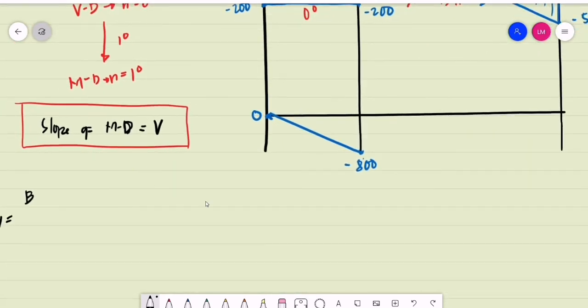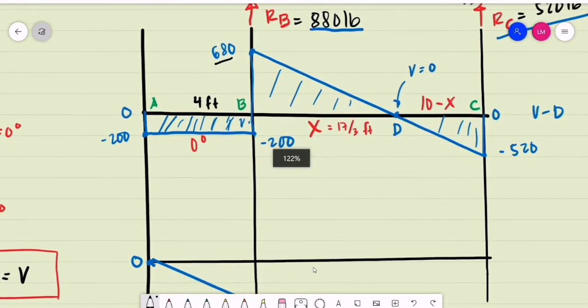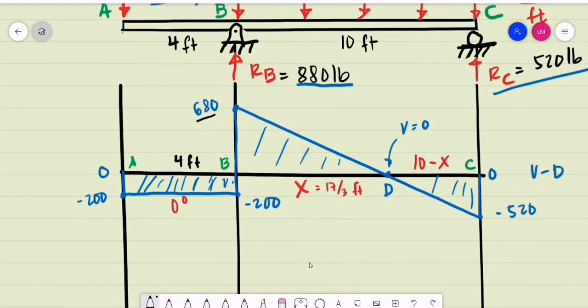It is a positive shear, positive 680. Then we have the second point, point D. What is the magnitude of the shear at point D? That is 0. So from a shear of positive 680 to a shear equal to 0.